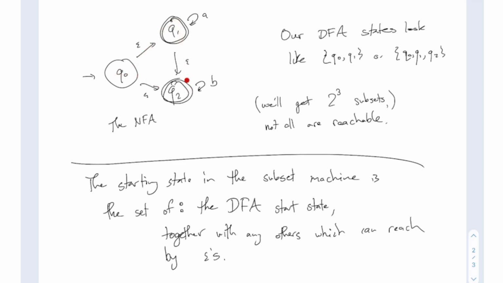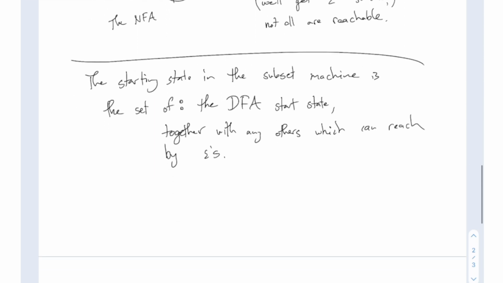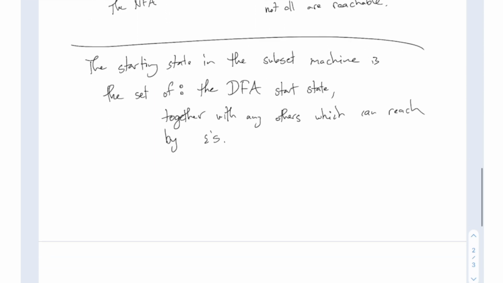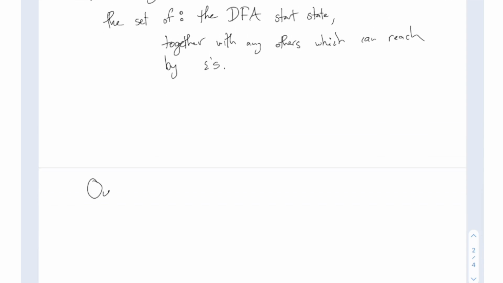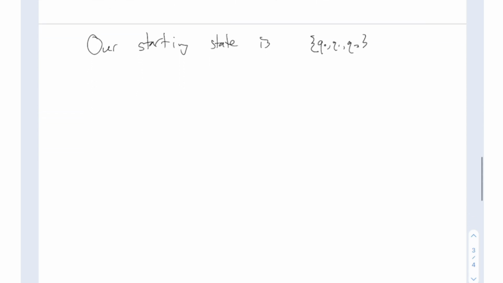So in our example here, our starting state in the subset machine is the set Q0, Q1, Q2. All right? So that's going to be my first state in my machine here. Q0, Q1, Q2. This is the name of my state.